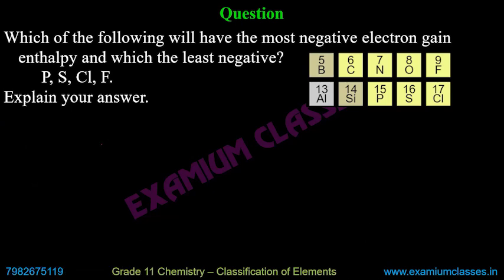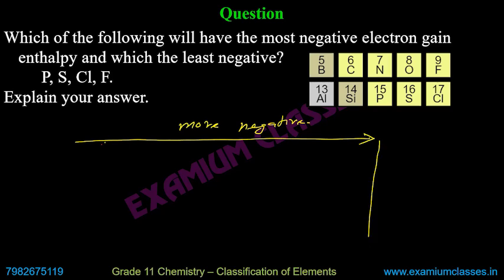The trend is that electron gain enthalpy, when we are talking about across the period, becomes more negative. And down the group, it becomes less negative. This is something you need to remember.